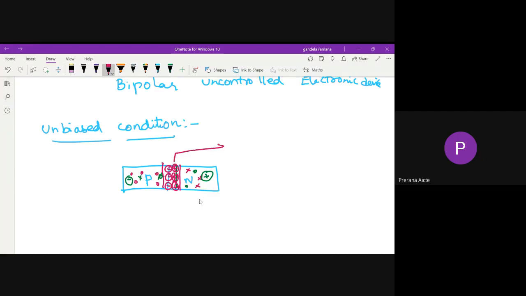This region is called the depletion region, space charge region, or transition region. So what does depletion region mean? Mobile charge carriers are depleted away. They are not there. That's why it is called the depletion region.